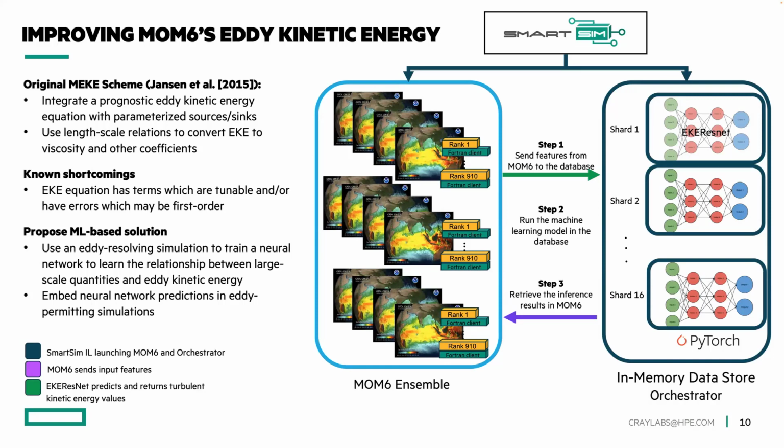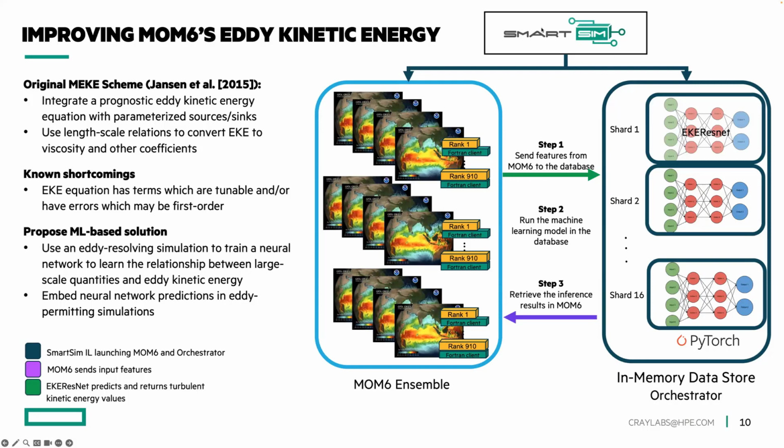What we proposed was an ML-based solution. Instead of trying to add an ad hoc EKE model, let's just add machine learning. We trained a machine learning model on high resolution data so that it could compute the eddy kinetic energy from large scale quantities. And then on the coarse grid, we ran the AI model as if it was on the high resolution grid.